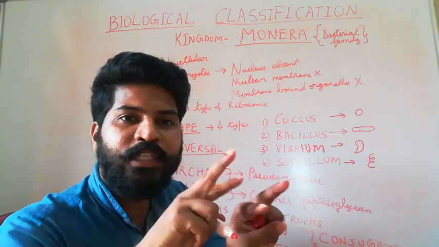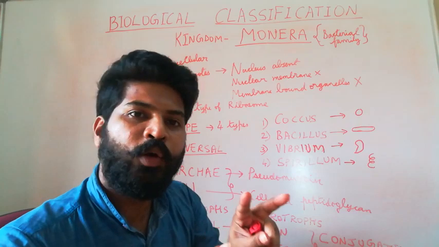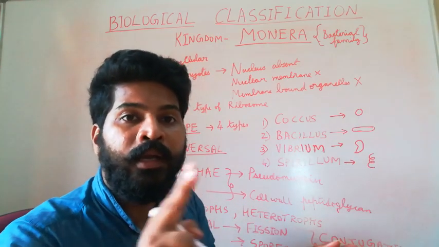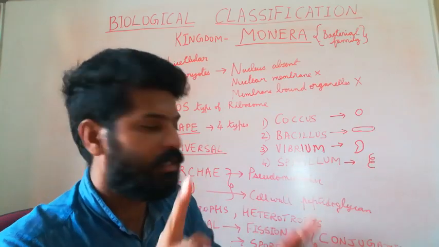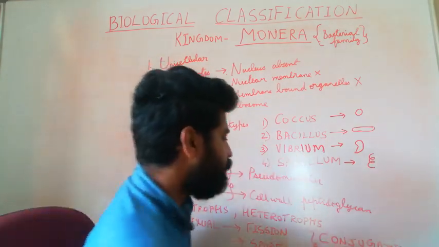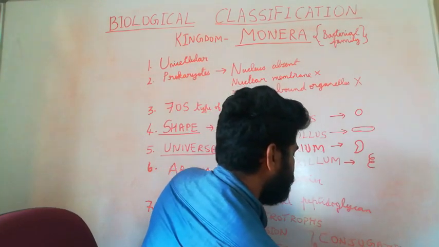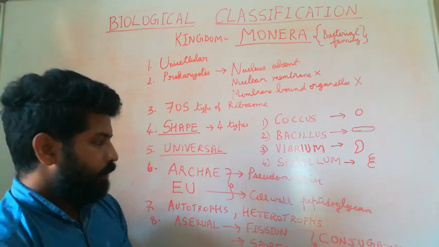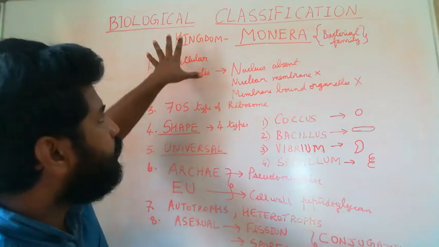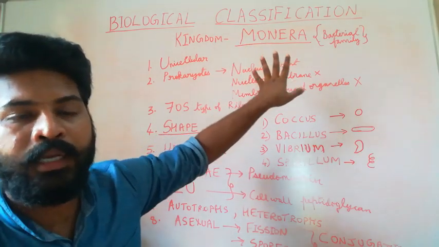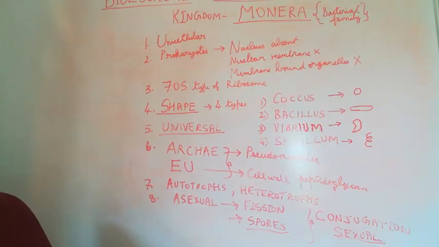So there is an exchange of genetic material. It could be chromosomal DNA, it could also be plasmid DNA. That's what is called conjugation. So this is a type of sexual reproduction. That is about the general properties of Kingdom Monera or the bacterial family.